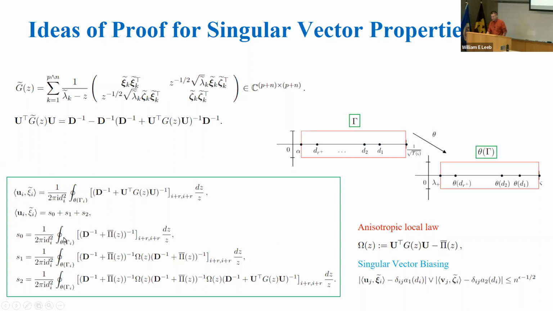We control these identities to give a convergence rate by the anisotropic local law, and use the determinant here as 0, here the integral, to give the almost sure convergence result for A1 and A2.